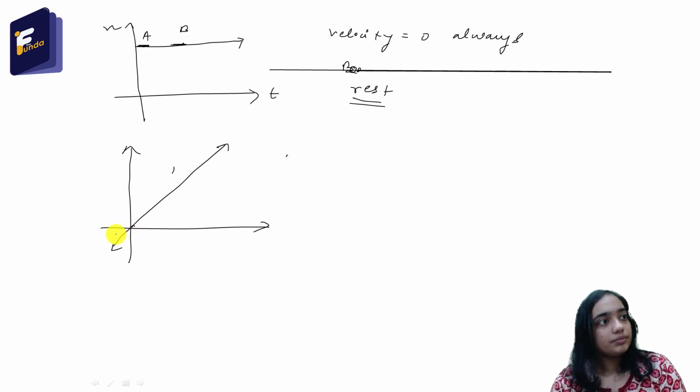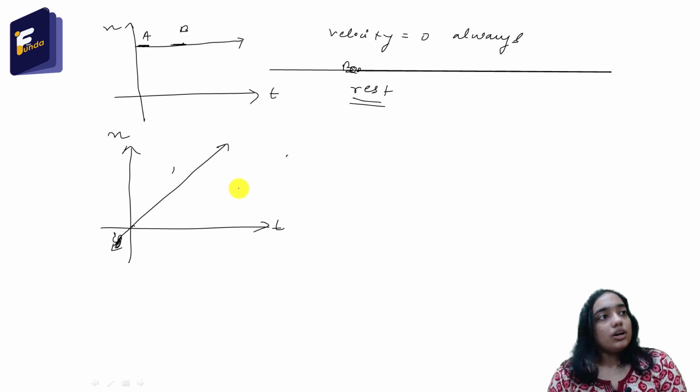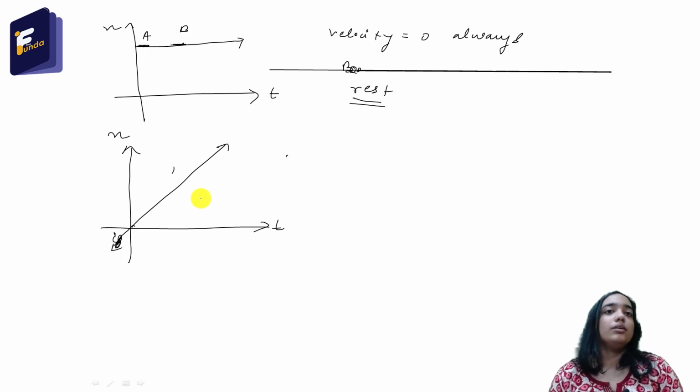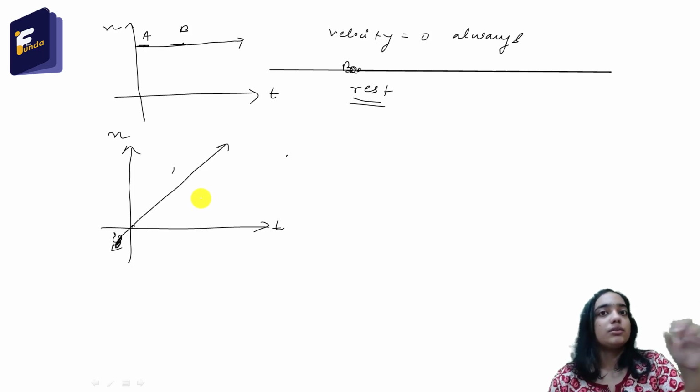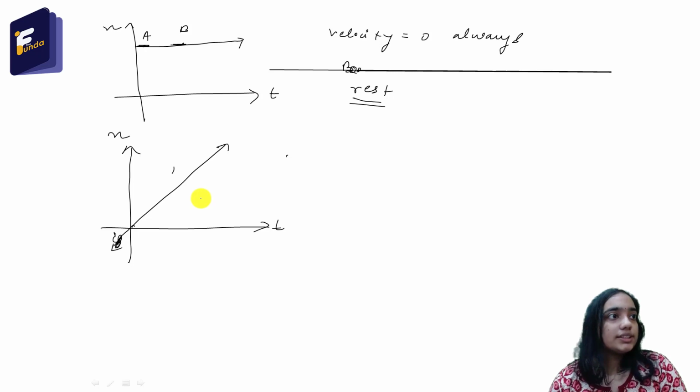don't extend it here because time cannot be negative. Don't represent time in the negative. Okay. So if this is the position-time graph, then what is the body doing and what about the velocity? You can see that it is a straight line, so at every point the slope is the same.